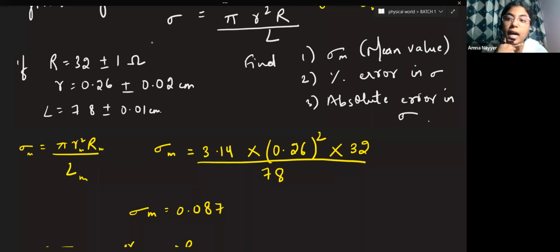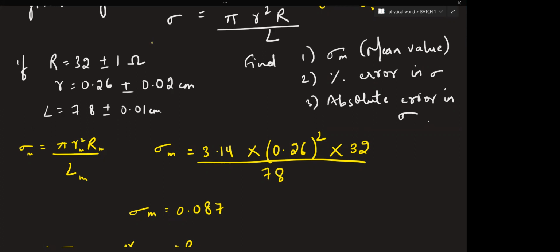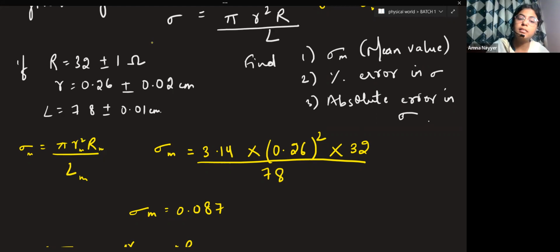So delta R divided by Rm, what will it be? Out of this 32 plus minus 1, which is Rm? 32 is Rm. And delta R is?